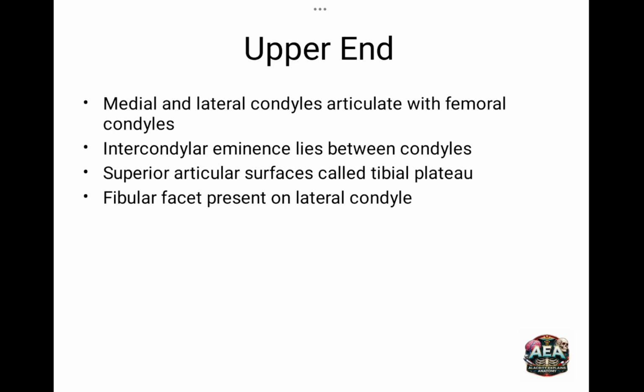Now let's take a look at the upper end of the tibia. The tibia has medial and lateral condyles, like we have stated earlier. They articulate with the femoral condyles. If you have watched the video on osteology of femur, you know we talked about the lateral and medial femoral condyles. Now the medial and lateral condyles of the tibia form a joint with the medial and lateral condyles of the femur respectively.